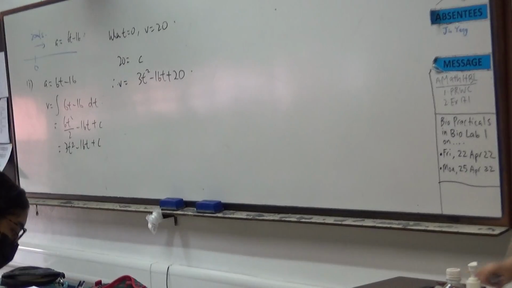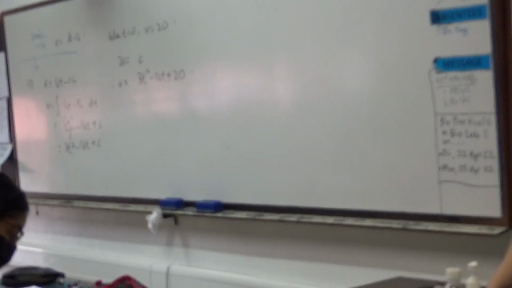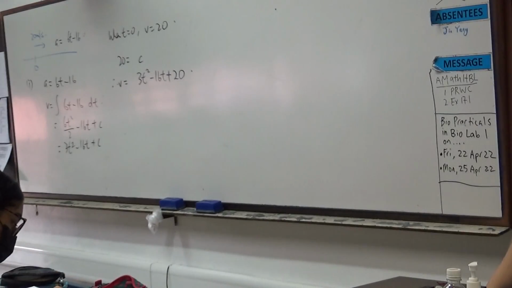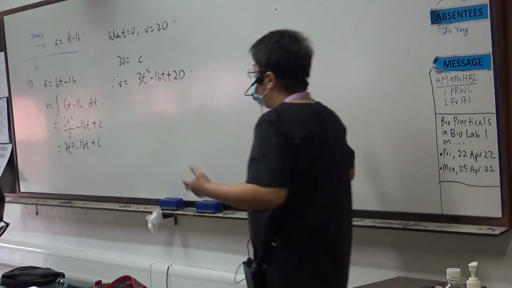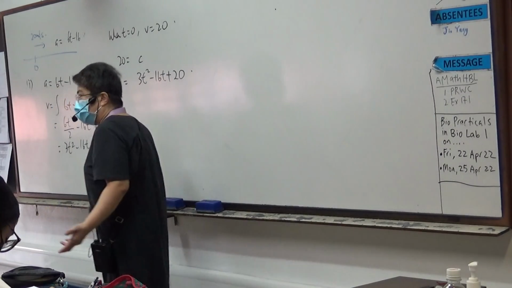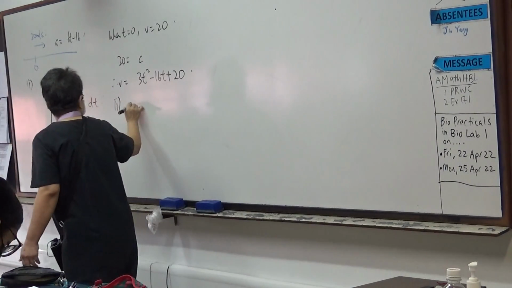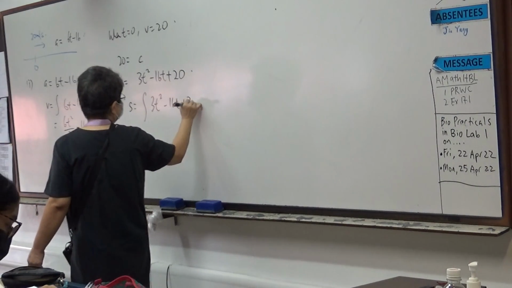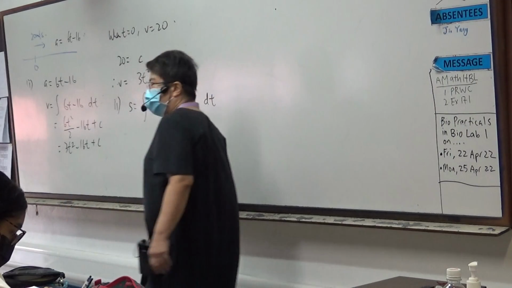Now, second part. Find the displacement of the particle when t is 2. Now, they want displacement. So, I'm going to find the displacement function first. Okay? Displacement will be the integration of velocity, right?